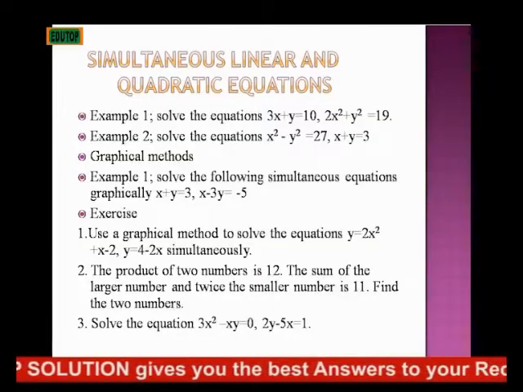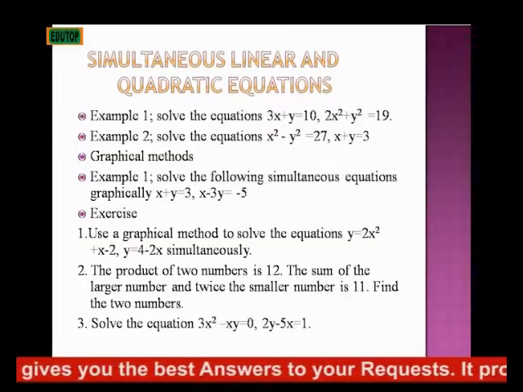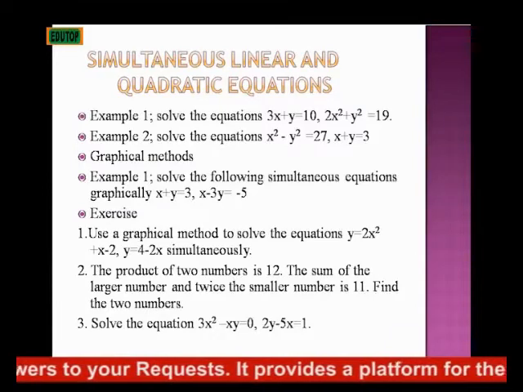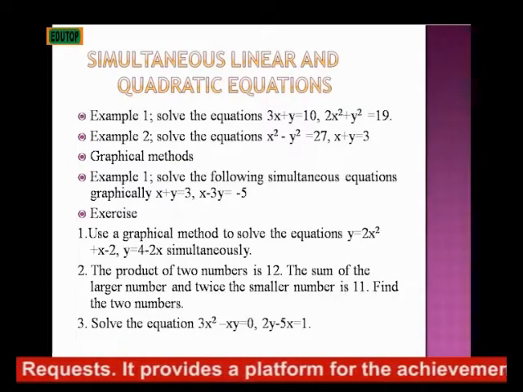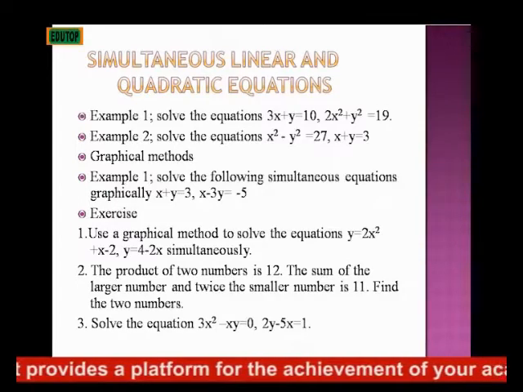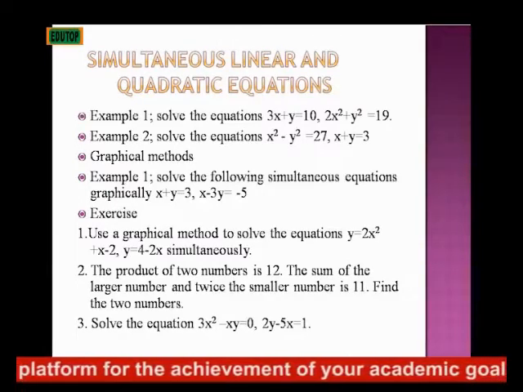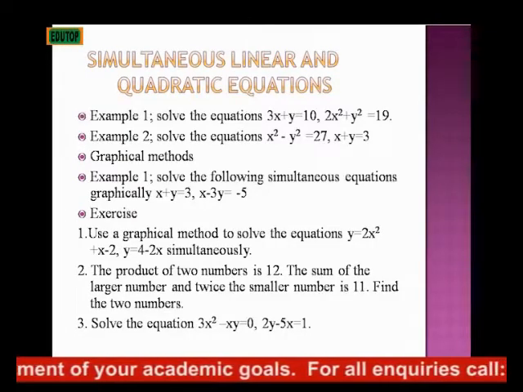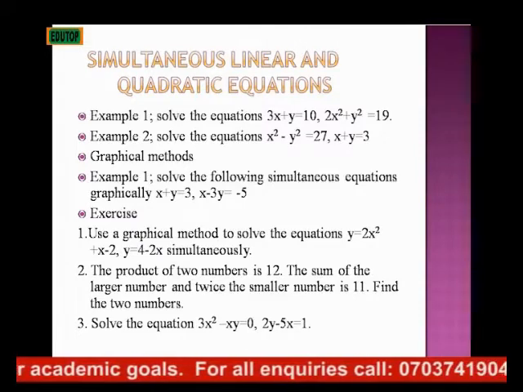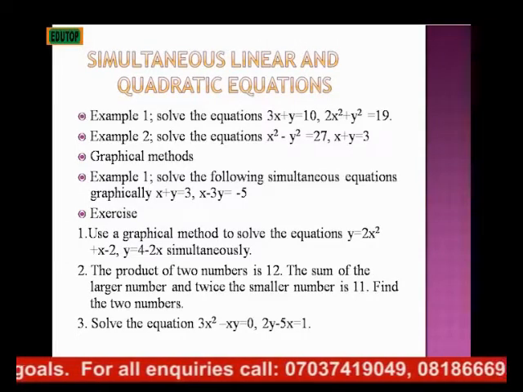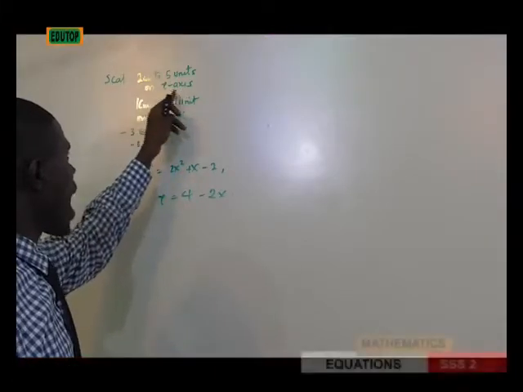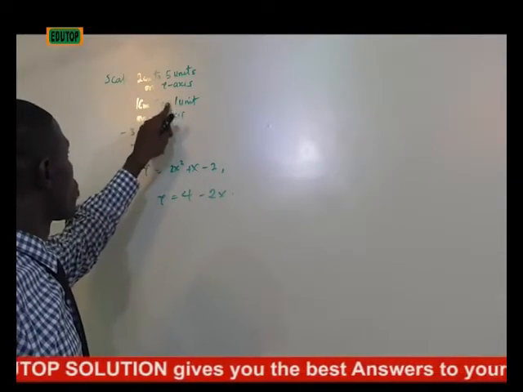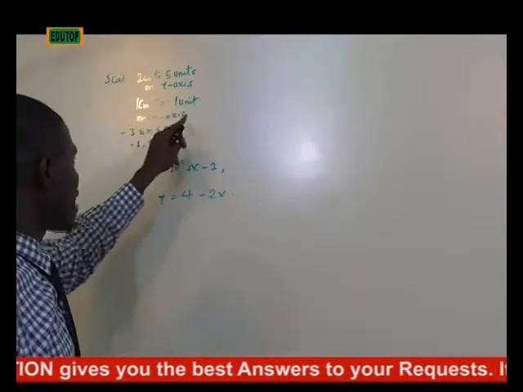Question number 1. Use a graphical method to solve the equations y equals 2x squared plus x minus 2, and y equals 4 minus 2x. Given this condition, a scale of 2 centimeters to 5 units on the y-axis and 1 centimeter to 1 unit on the x-axis.